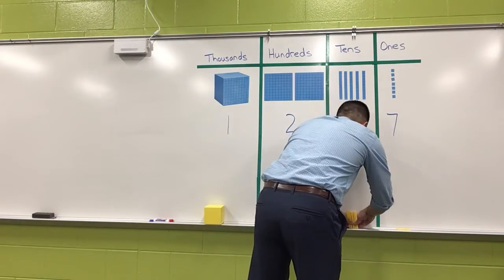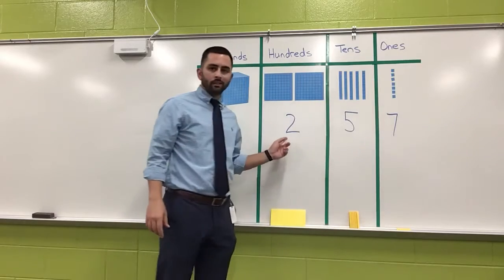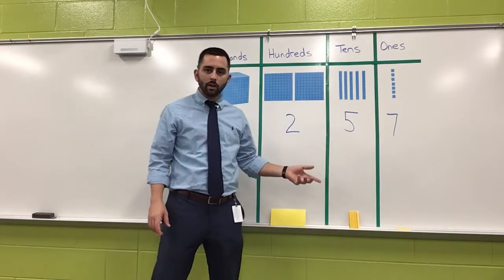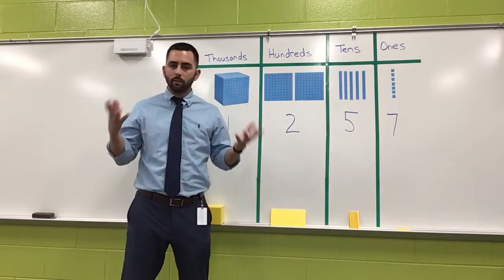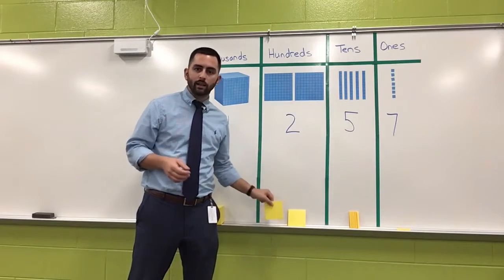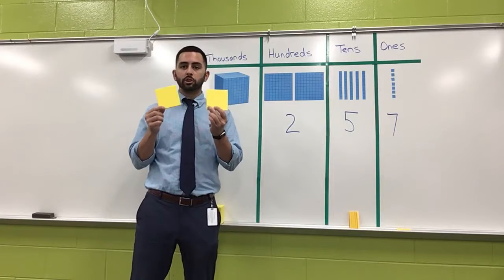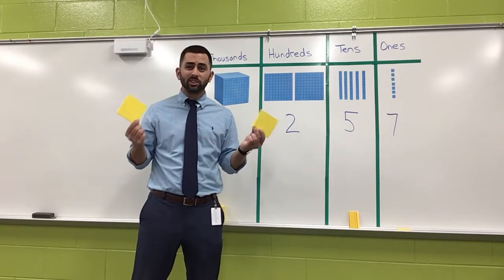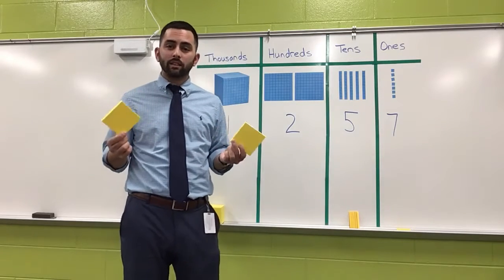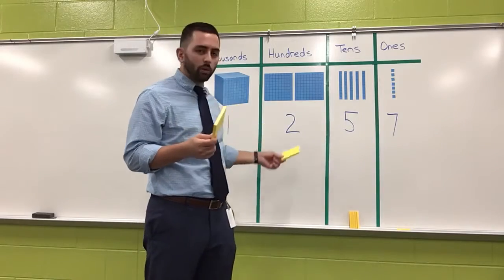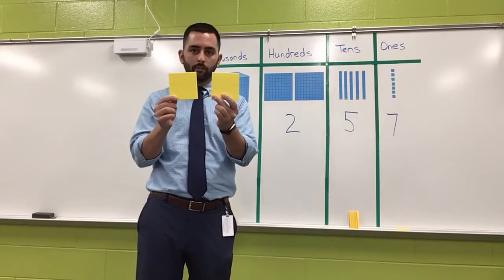Let's continue to our next place value, which is a 2. Now 2 is smaller than 5 and 7, but it's in our hundreds place, so what does that mean? Well, it means that I have 100 cubes, and I have 200 cubes. Well, 200 is a lot bigger than 50, and it's a lot bigger than 7. So 200 is going to be a lot bigger.